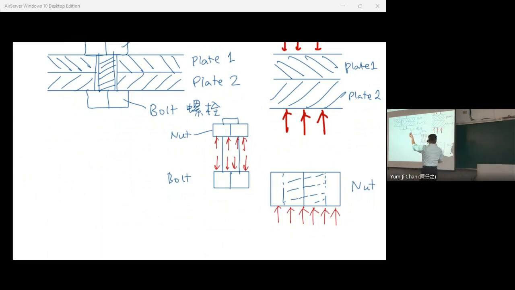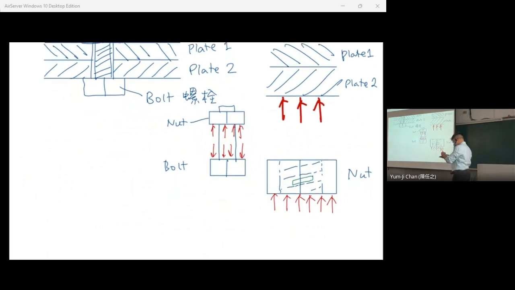Now there's the bolt and the nut, and the bolt and nut experience tension because of the plate. And the thread from the bolt would have a force. Is this clear? Seems not.